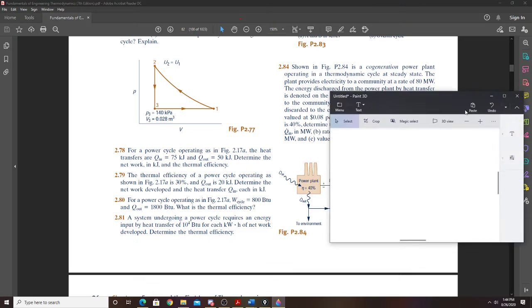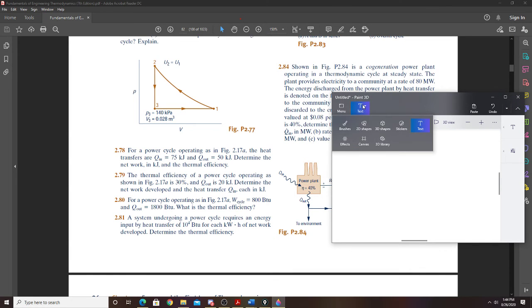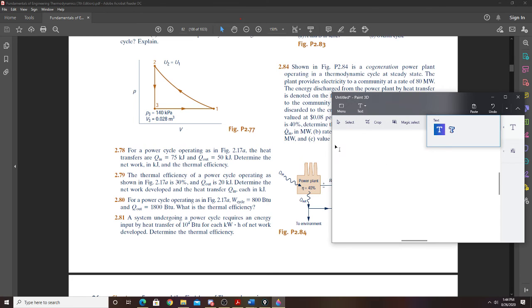So, right here, it says for a power cycle, so I'm going to write our knowns and unknowns up here. It says for a power cycle operating as in that figure, the heat transfers are Q in as 75 kilojoules and Q out as 50 kilojoules. Determine the net work in kilojoules and the thermal efficiency. So Q in is equal to 75 kJ.